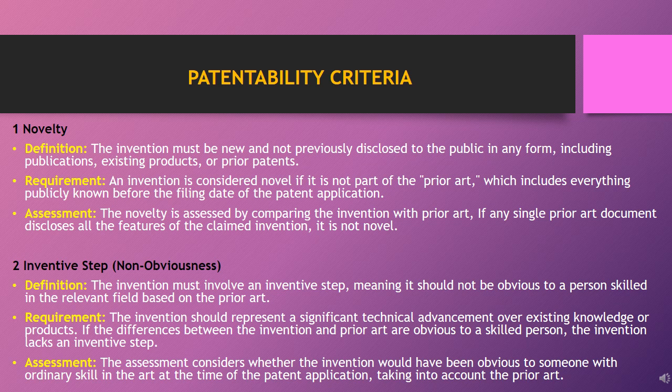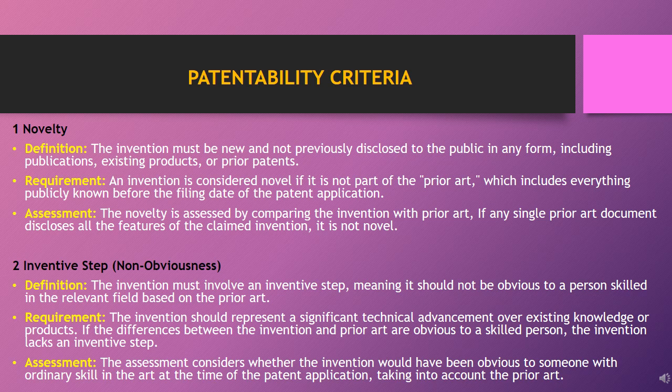What it means? The invention should be more than just an obvious change or improvement to the existing things, and it should involve some creativity or cleverness that wouldn't be immediately obvious to the experts in the field. And why it is needed?